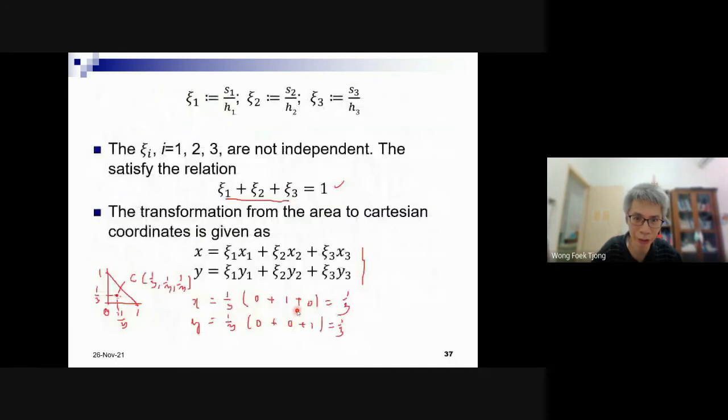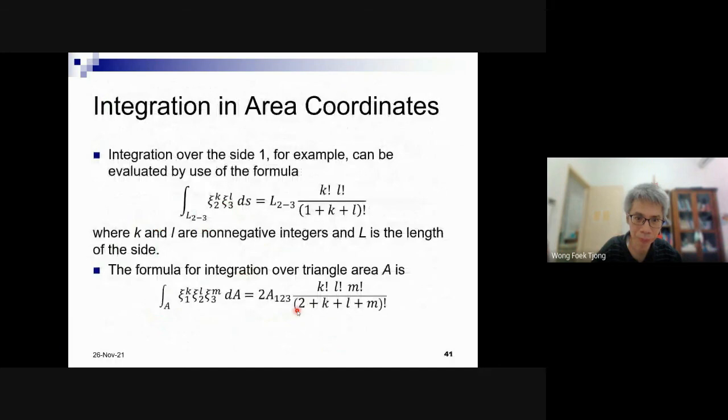So we can use this formula. With the area coordinates, K, L, M are the powers. So this is C1 raised to power K, C2 raised to power L, C3 raised to power M. This is the formula, okay? So we have a ready-to-use formula. This is 2 times the area.